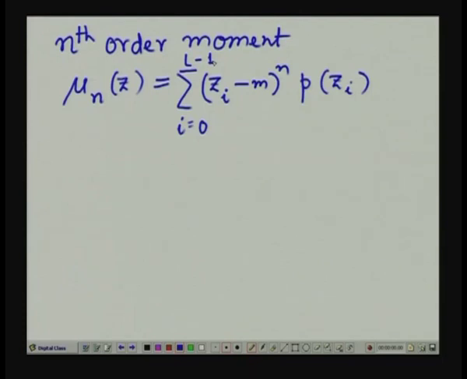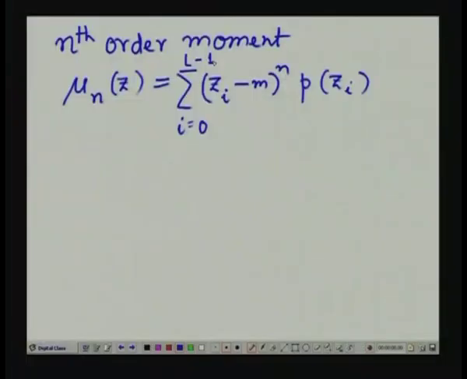Here we are assuming that the texture image has capital L number of discrete intensity levels varying from z_0 to z_(L-1), and p(z_i) is the histogram of such a texture image.